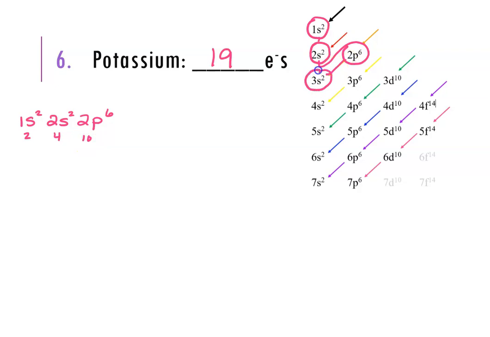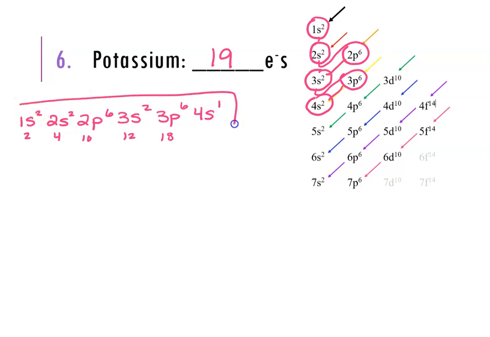Then 3s2, so 10 and 2 is 12. Then 3p6, so 6 plus 12 is 18, so I can keep going. And then the last one would be 4s, and I only need one more, so I put a 1 here.